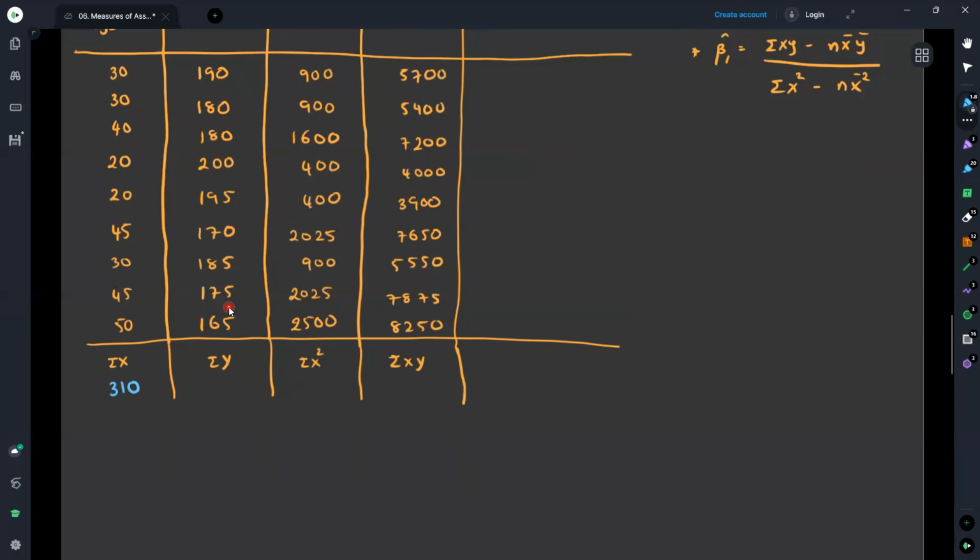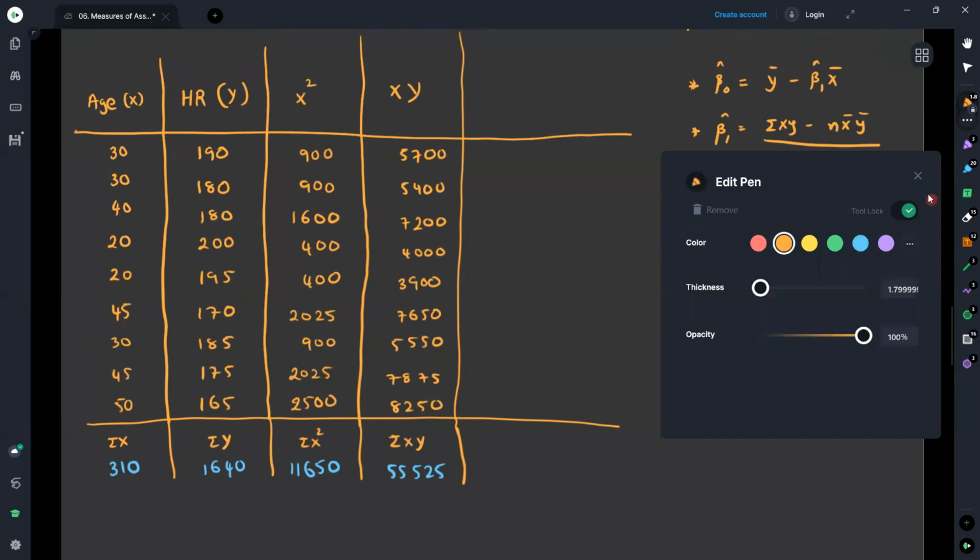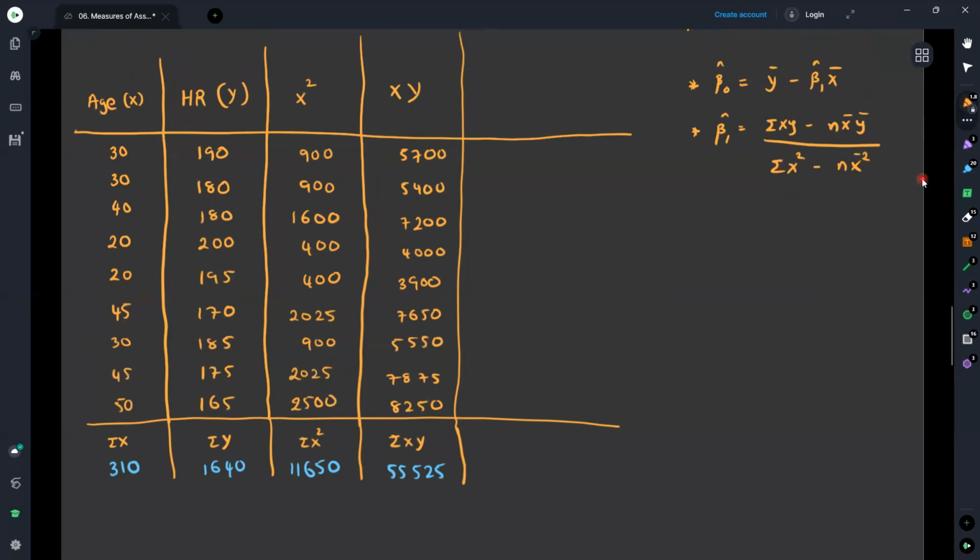For the second column, we get 1640. Then for the third column, it would be 11,650. And for the fourth column, we get 55,525.